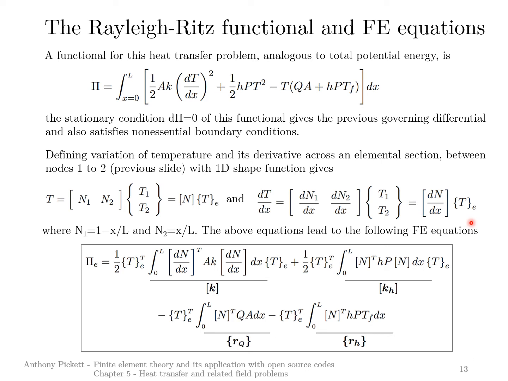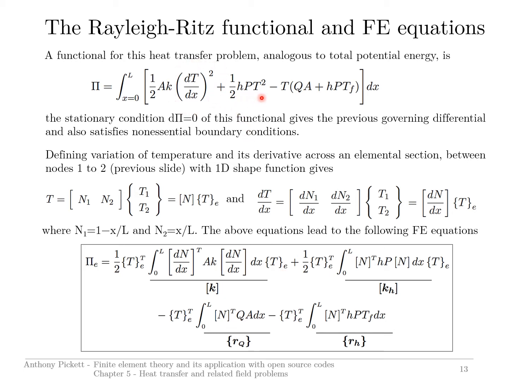If you look closely, this expression is exactly the same as this expression here. You have to consider that the nodal temperatures transpose and the differential here, the B matrix transpose, multiplied by the B matrix and the nodal temperatures is the same as this quantity squared.